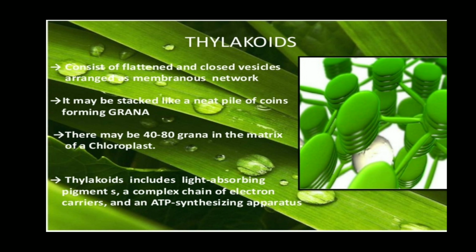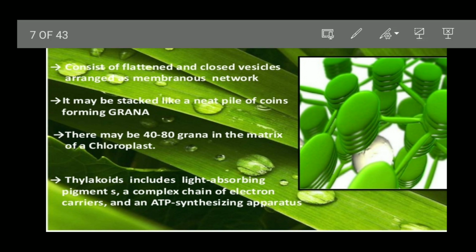And the thylakoids include the light absorbing pigments, as I just told you earlier, right? So these light absorbing pigments are present inside the thylakoid, and a complex chain of electron carriers and an ATP synthesizing apparatus is present on the thylakoid membrane, right? So this is about the thylakoid.